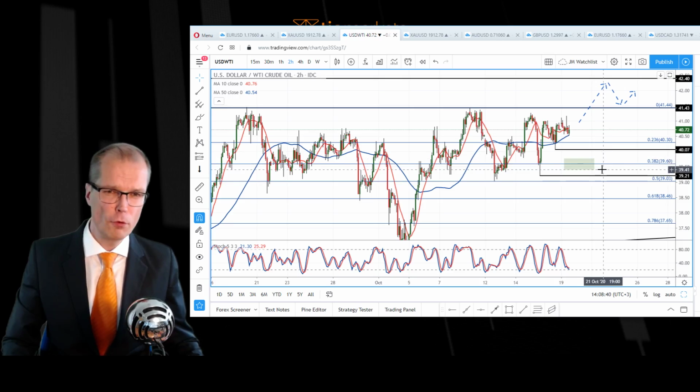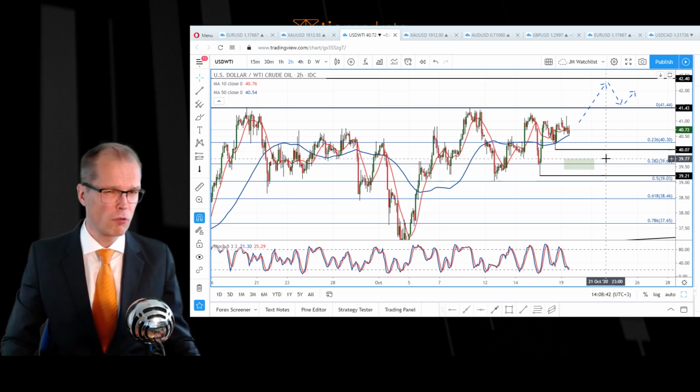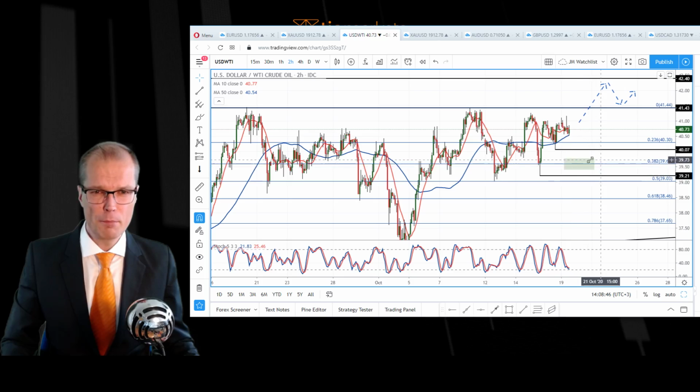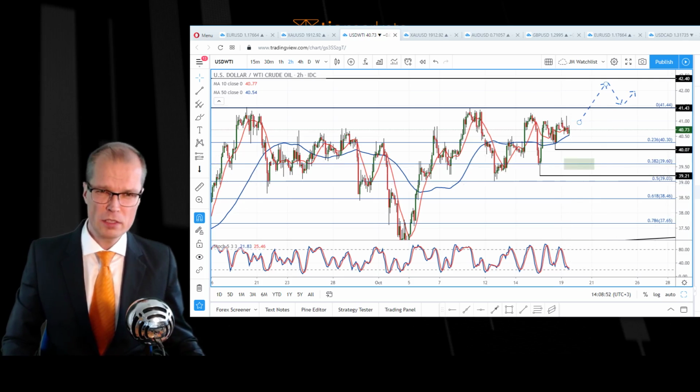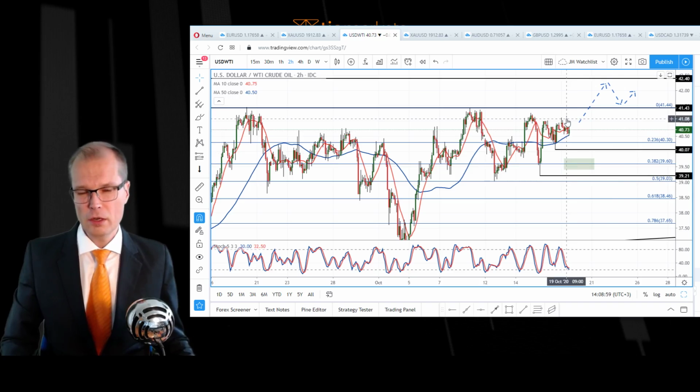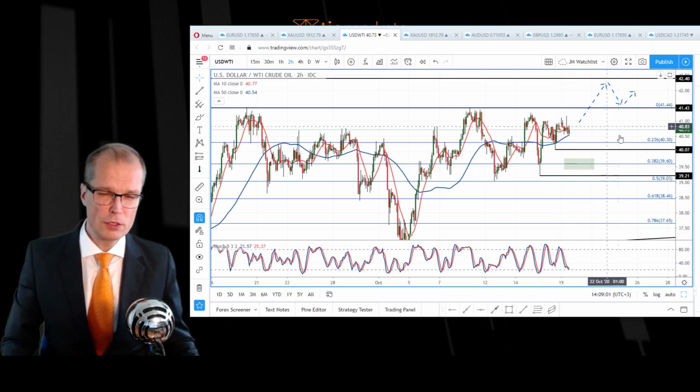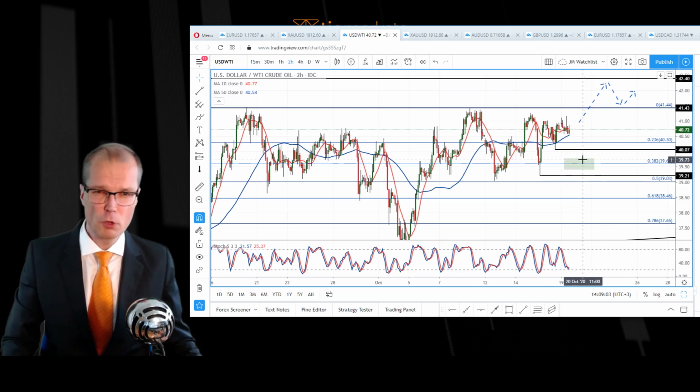So 39.40 to 39.80 would be roughly a level where people might start taking their profits. But as you have often seen, the markets operate in such a way that if you have weakness coming into the market and you have a lower high, then the next support is often violated. So that's my reasoning here. The market might go down to this level.